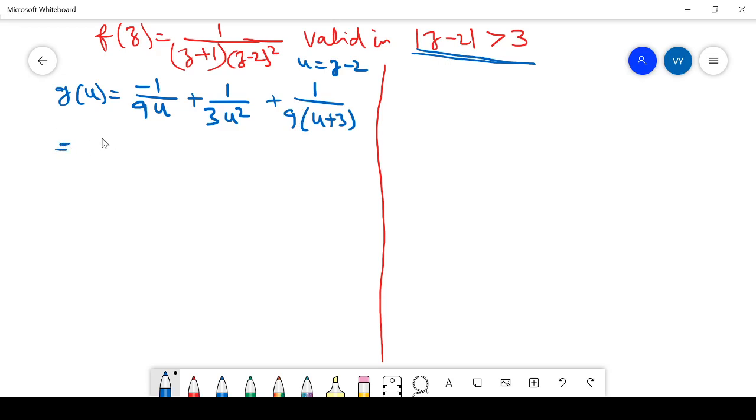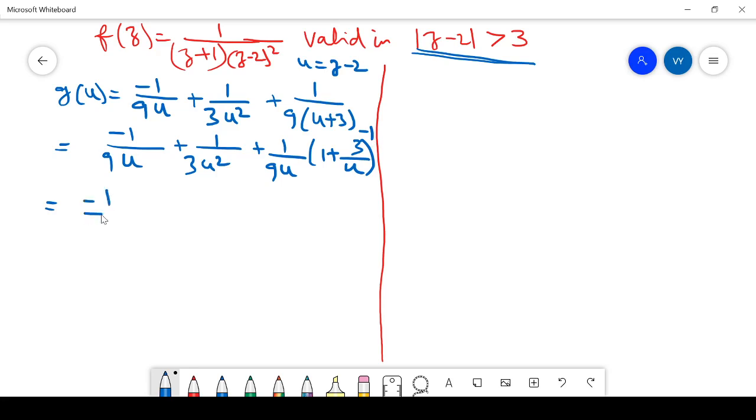So for that what we do is, I will write minus 1 by 9u as such, 1 by 3u squared as such, and in this I will remove u as a common factor, and I will have 1 plus 3 by u raised to the power minus 1.